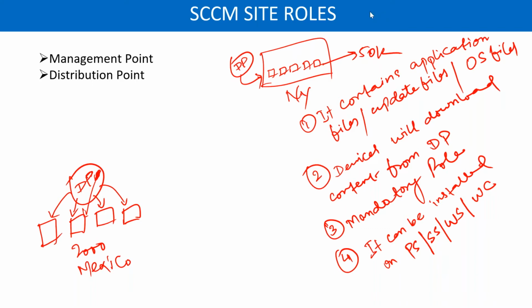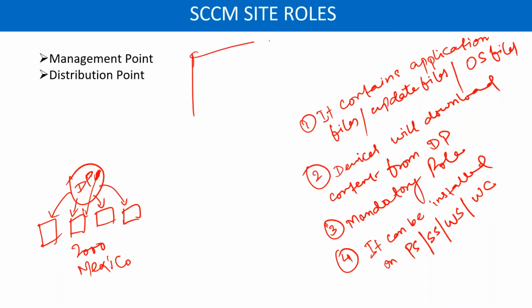But where does that stuff come into the distribution point from, how does that happen? Yeah, good point. Suppose New York has a distribution point, right? Here, let me put it like this. Wait.